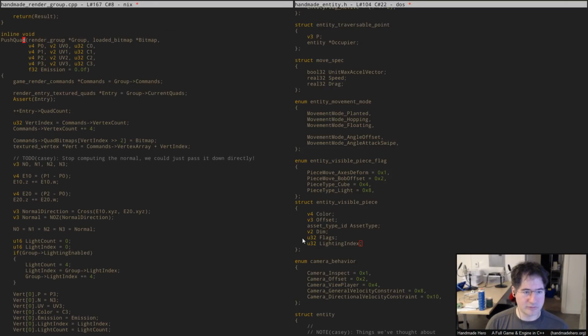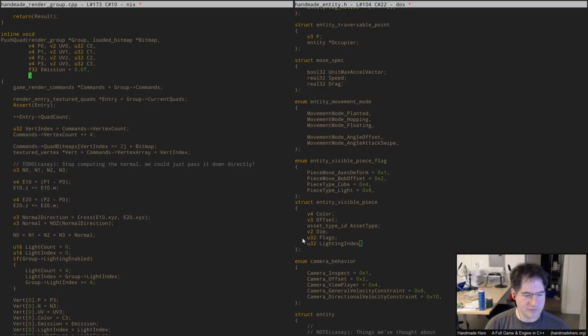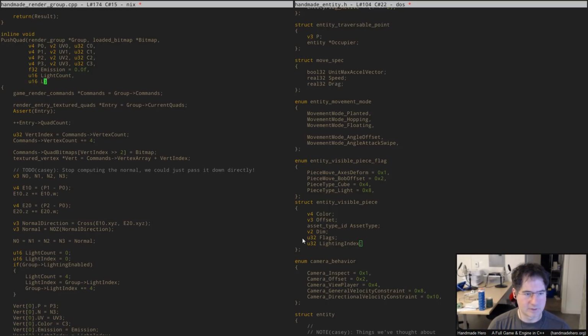So when we do a push quad here, instead of the emission being the only thing that's set here, and honestly, I don't know that the emission is even something that we will be setting in push quad anymore, but either way, in addition to the emission, I want to set the light count and the light index as well. So in here, we're going to have a light count and a light index, and those will both be 0 by default.